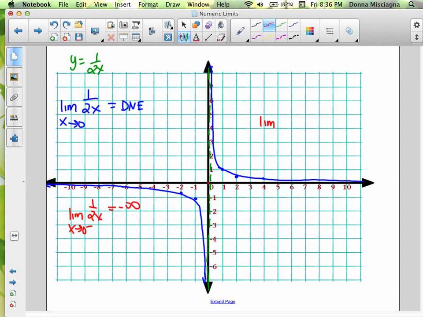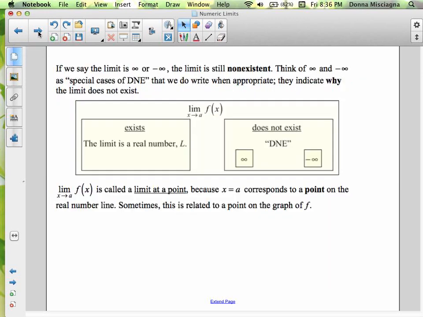The limit of 1 divided by 2x as x approaches 0 from the right was infinity. But negative infinity and infinity are not values. We're not approaching a finite value. So if our limit is infinity or negative infinity, the limit is still non-existent.